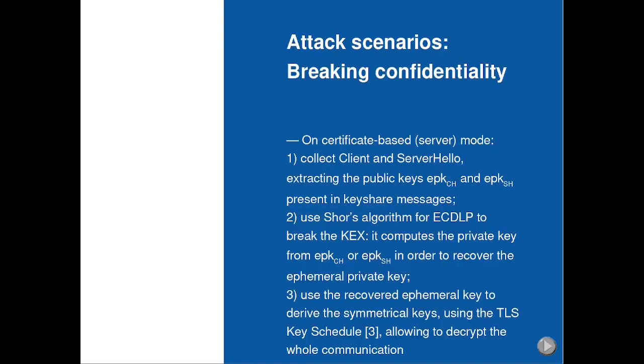Now, if the threat actor has a quantum computer, he can break the confidentiality of TLS 1.3 by first collecting the client-server hello messages, extracting the public keys inside, then using Shor's algorithm for the elliptic curves to break the key exchange, and the last step, use the recovered ephemeral key to derive the symmetrical key.